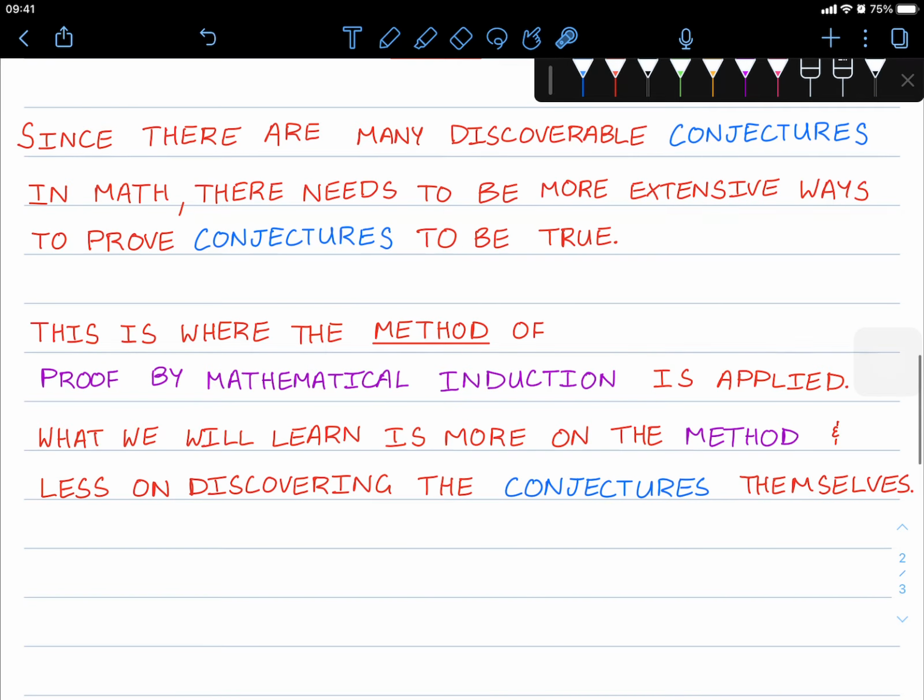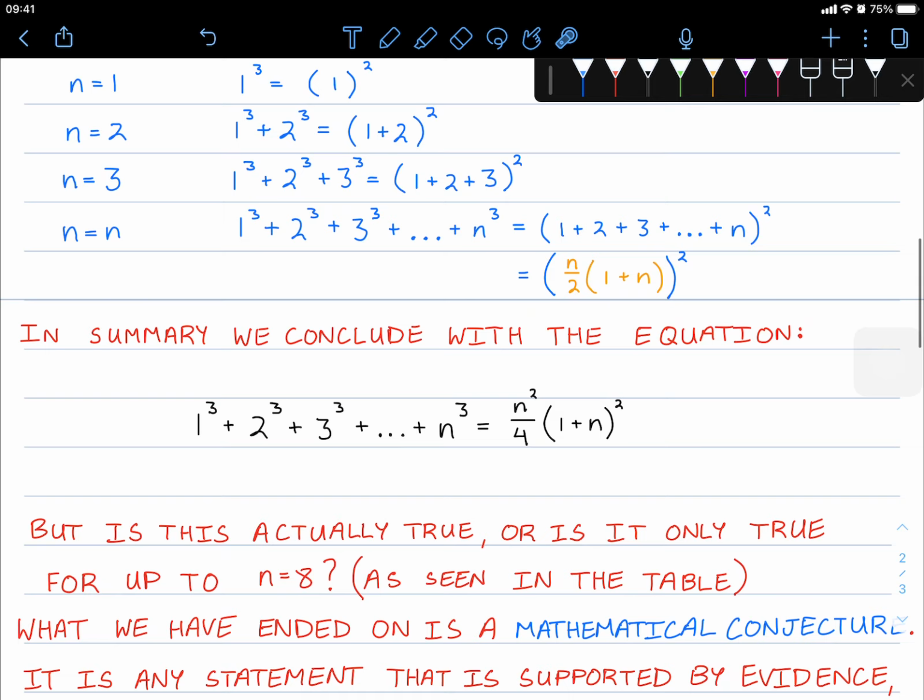This is where the method of proof by mathematical induction is applied. What we will learn is more on the method and less on the discovering of these conjectures. So in this unit we'll be given these sorts of statements, and we need to work to prove whether they're actually true.